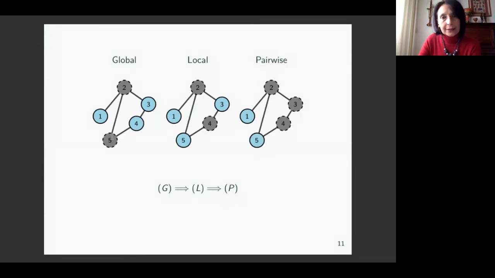This implies at a local level that a node like 5 is conditionally independent of all the remaining nodes, like 1 and 3, given its neighbors, which are 2 and 4. At a pairwise level, this implies that two disconnected nodes like 1 and 5 are conditionally independent of one another given all the remaining nodes in the network. Now, the converse implication is not always true, but this is not relevant to the aim of this talk.